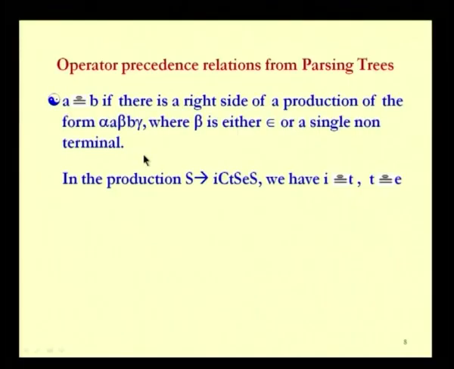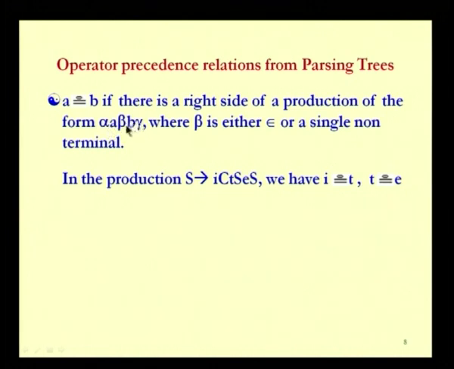The first one is the equal relation. We have two tokens or operators, one is A and another is B, and the right hand side of the production is alpha A beta B gamma.